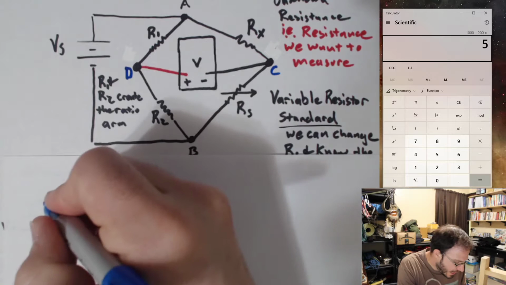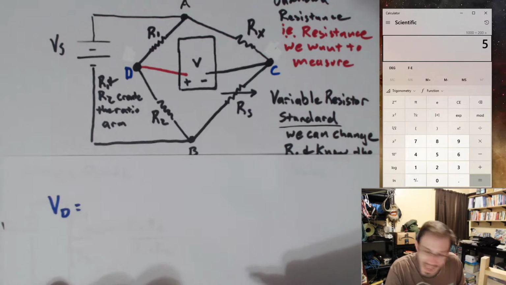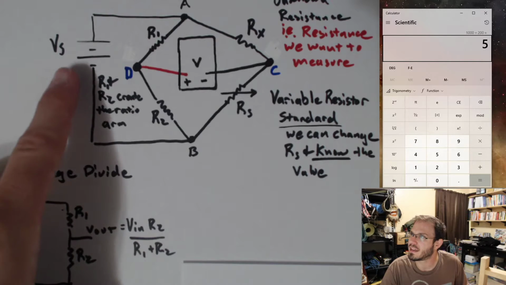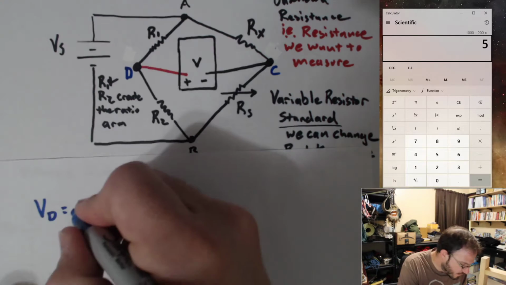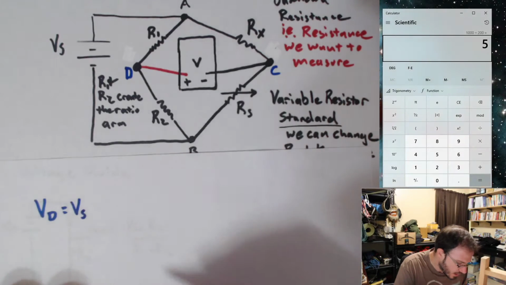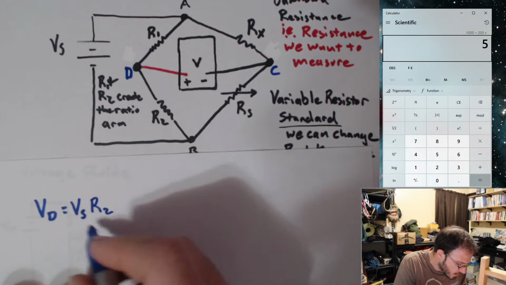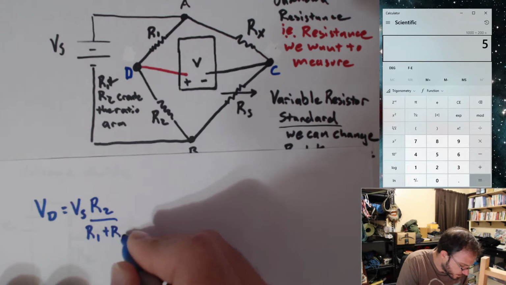Okay, so we're going to get a V sub D. And what is that going to be equal to? Well, we're just going to apply this voltage divider equation. Instead of having V in, we're going to have V sub S. So it's going to be V sub S times R2 divided by R1 plus R2.